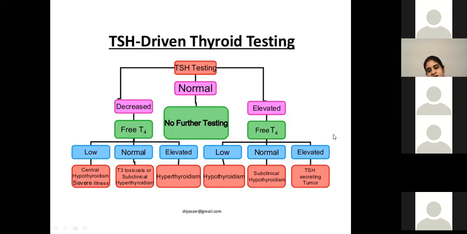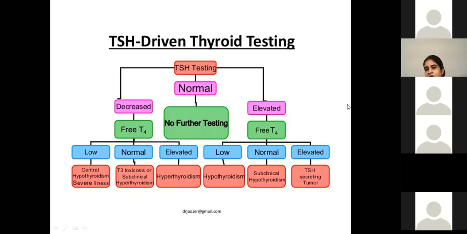Okay, so in case of an elevated TSH, when you have an elevated level, you will go for a free T4 test again. Again, like I said, TSH is first line, T4 is second line. So if you have a low level of T4 with an elevated level of TSH, that indicates hypothyroidism.